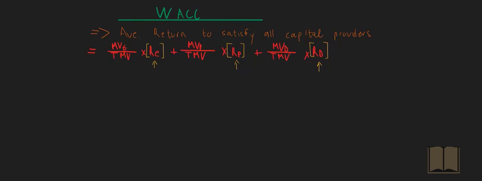And every return is weighted in accordance with the market value of that source in relation to the total market value. So the market value of equity divided by the total market value of equity, preference shares, and debt. And then the market value of your preference shares divided by the total market value, which consists of equity, preference shares, and debt. And then lastly, the market value of debt divided by the total market value of equity, preference shares, and debt.